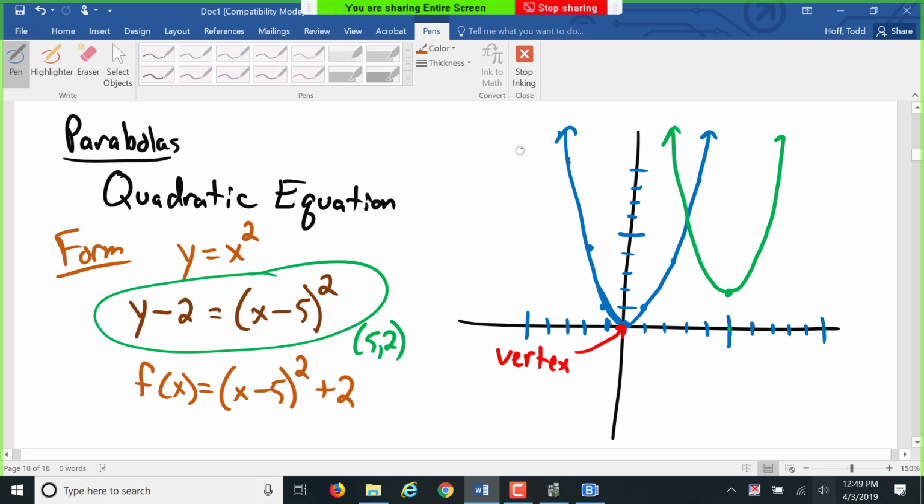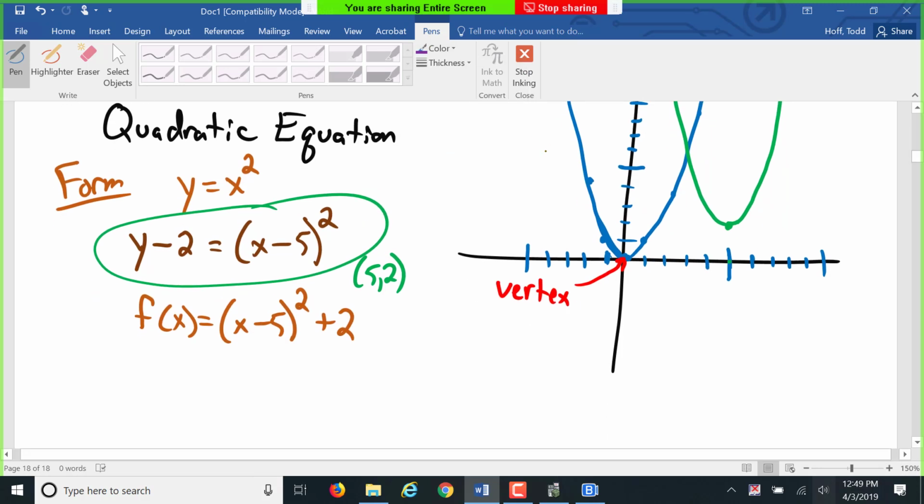So if I have an equation, f of x equals x minus 3 squared minus 1, where's the vertex of that parabola going to be? At 3 for x and for y?